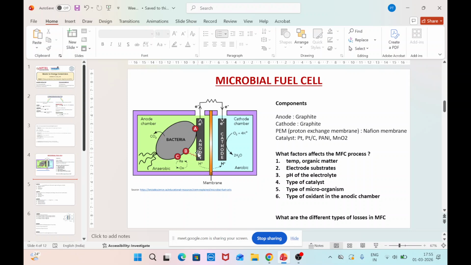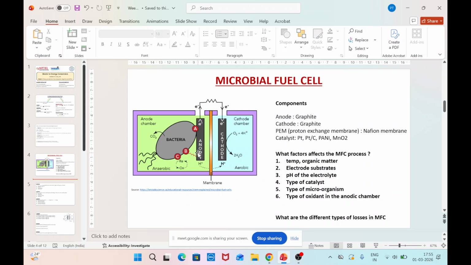For any fuel cell or electrochemical cell, you will have an anode and a cathode, and both will be separated by a membrane. The anode will be surrounded by an electrolyte, and the cathode will also have an electrolyte.